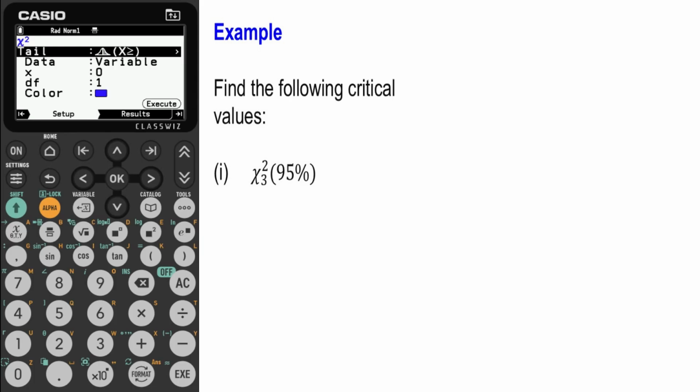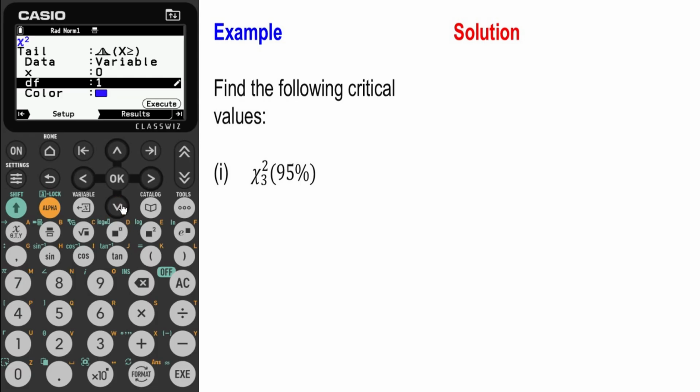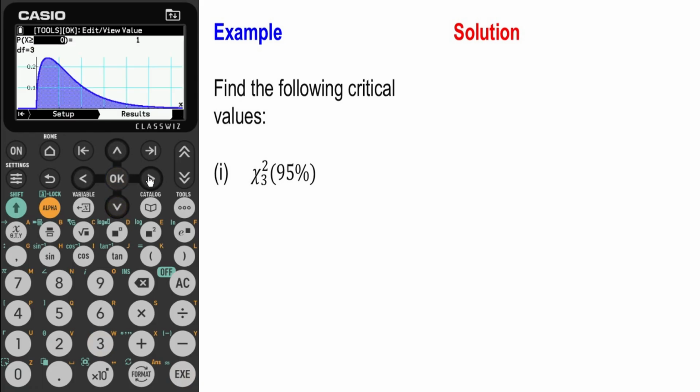In the first example, we have to find the critical value of the chi-squared distribution with 3 degrees of freedom and a 95% level of significance. We leave the tail as shown here. We have 3 degrees of freedom. We will leave x as 0 for now. Let's execute.